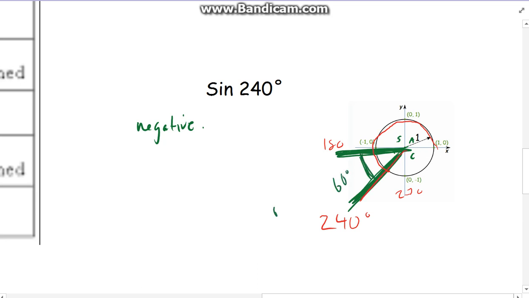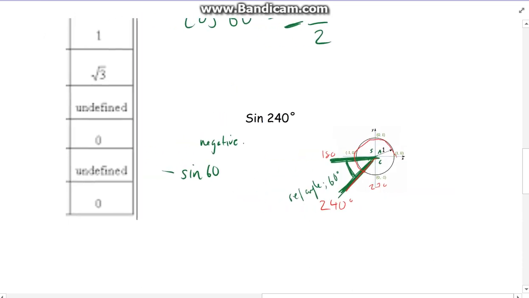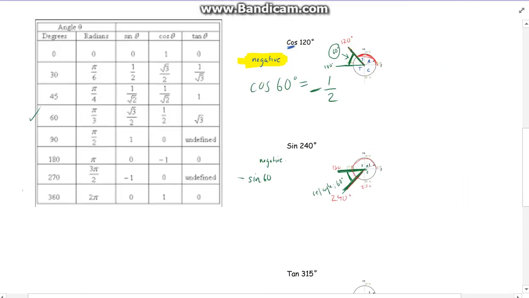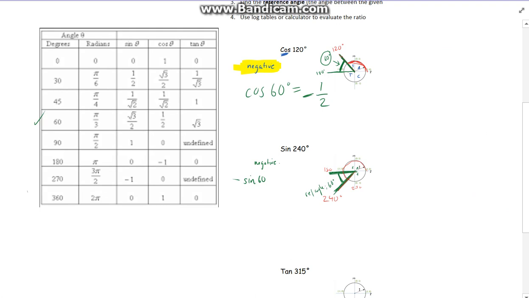So again, our reference angle is 60. So we're going to have sine of 60, and we know it's negative sine of 60. So we come to our log tables, we go to 60, and we look for sine of 60. So sine of 60 is root 3 over 2, and it was negative. So that's our ratio for the given angle, minus root 3 over 2.